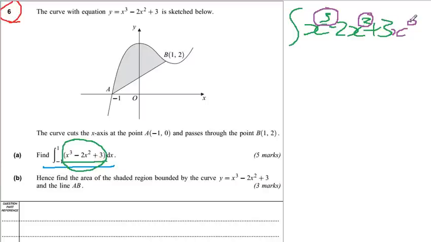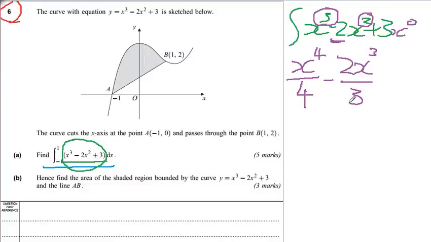So here we go, we're going to say x to the power 3 plus 1 is 4, over 4, minus that 2 stays there, so 2x to the power of 3 over 3, that new power, then plus 3, and then x to the 1 divided by 1 is obviously just x to the 1.